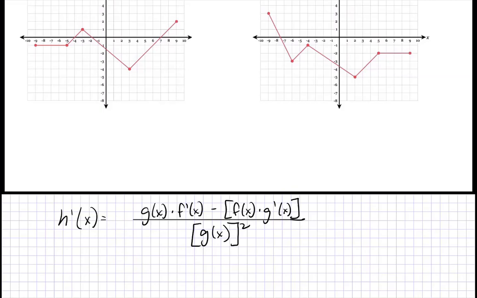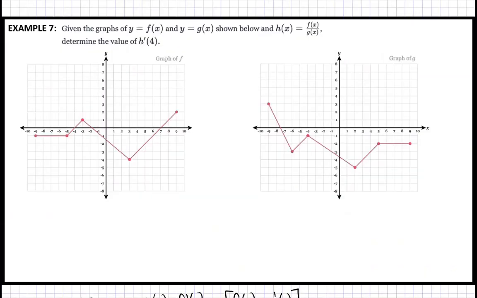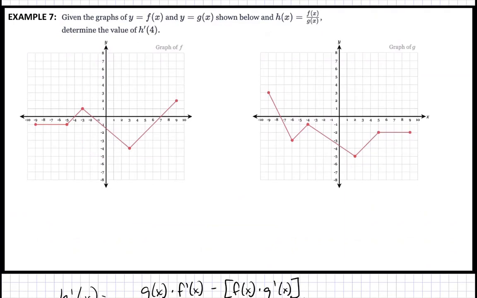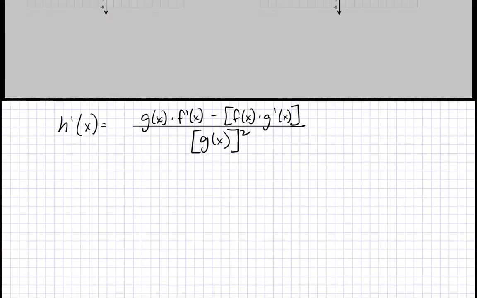So look at the question. We found the derivative. What do you think the next step is going to be? In solving and answering the question. Again, still doesn't involve a graph yet. What do you think the next step is going to be? Plug in 4. So everywhere I see an X, let's plug in 4.